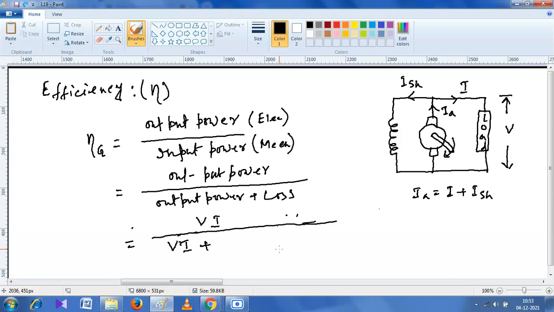Five types, sir. What are these? Core loss, copper loss, brush loss, mechanical and stray loss.